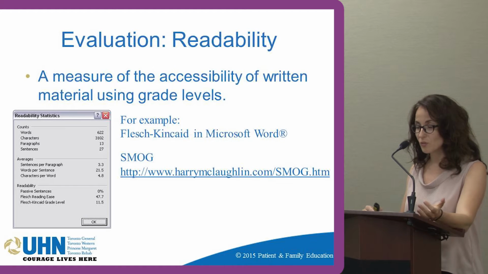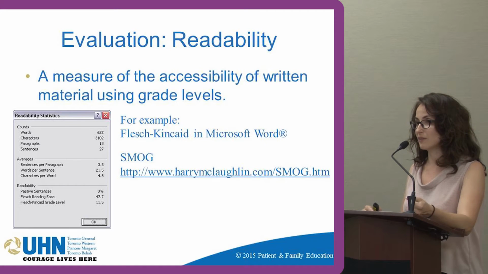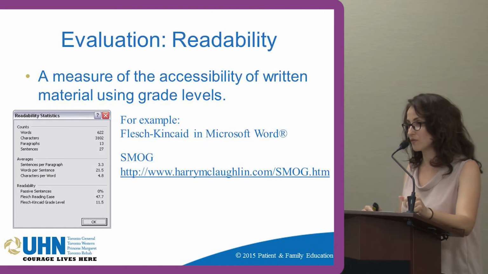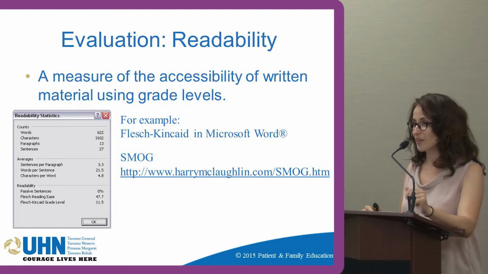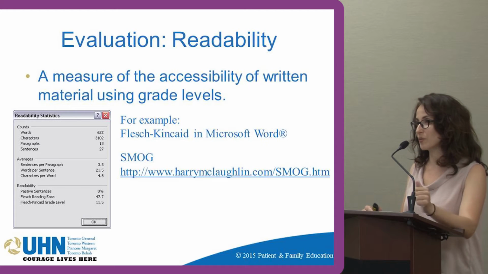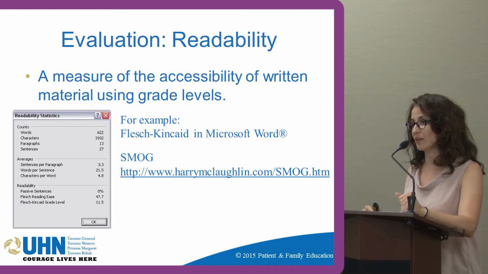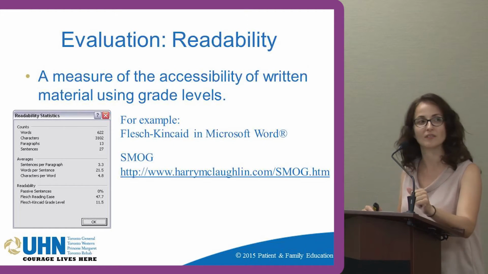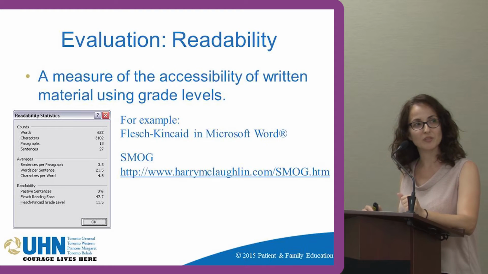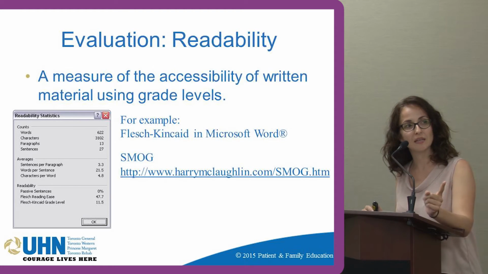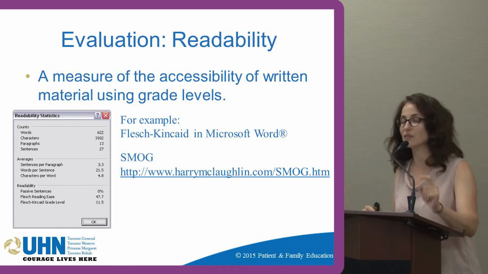There are ways you can evaluate forms, and they're actually in the Microsoft suite. You can click show readability statistics when you do a spelling and grammar check, and you will get a box that pops up and shows you the readability grade level. That's the last one there.